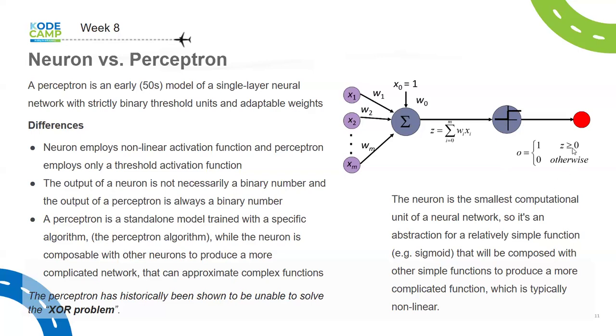So for perceptrons, what was done was, if the value of Z was greater than 0, then the output is taken as 1. But if the value of Z was 0 or less than 0, then we take its value to be 0. It was simple to implement, but it wasn't very useful.